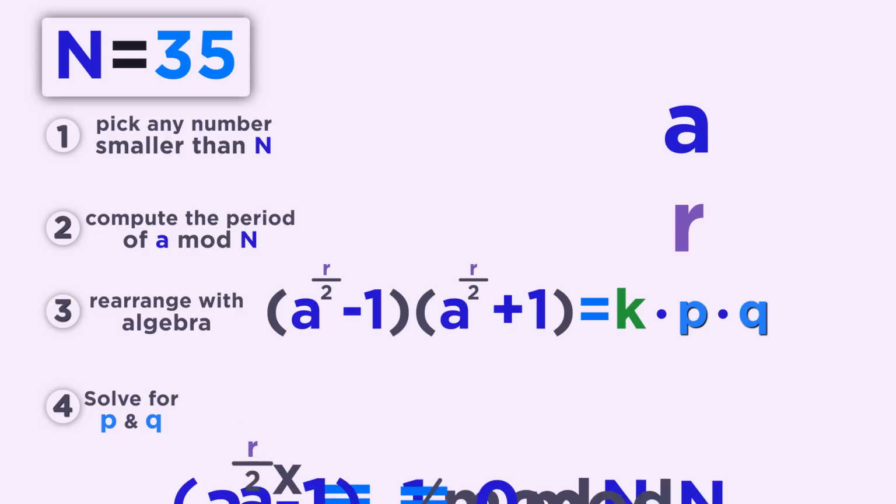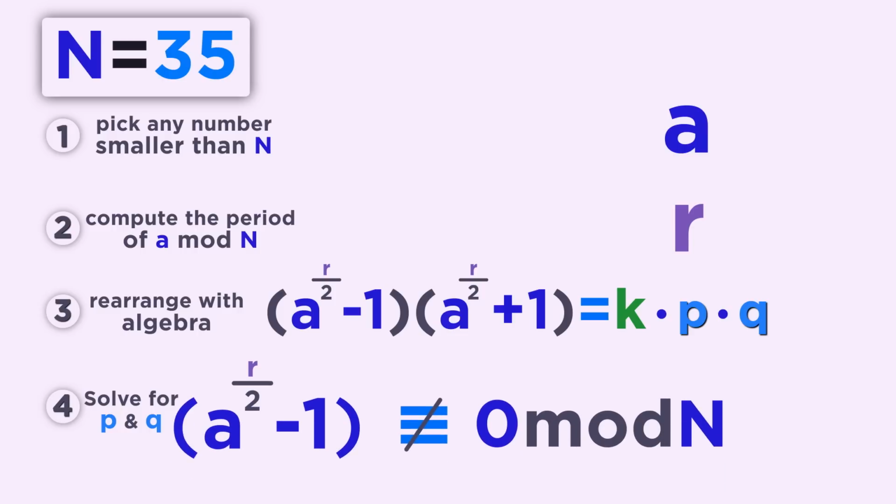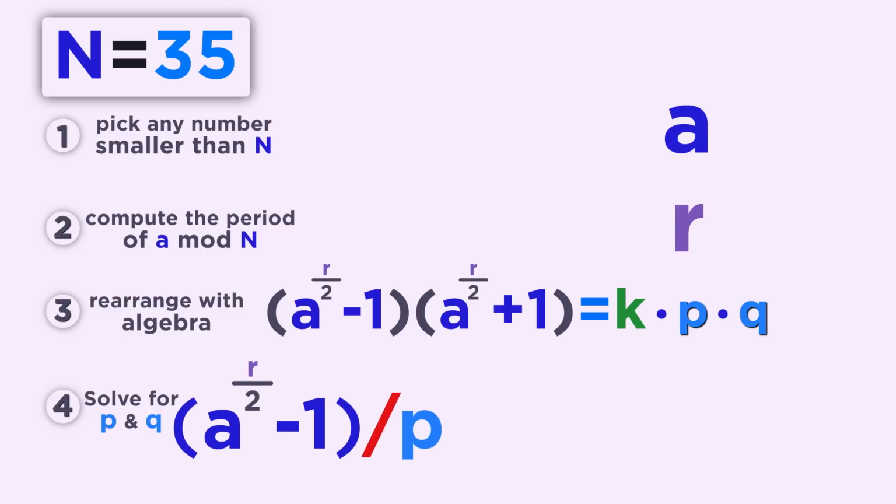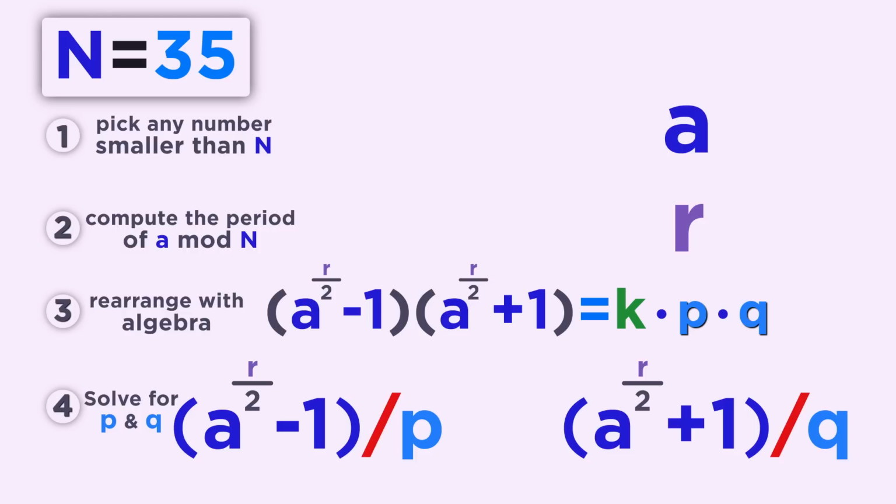So a to the r over 2 minus 1 is not congruent to 0 mod n. Since p and q divide separate factors on the left side of the equation, we can assume p divides a to the r over 2 minus 1 and q divides a to the r over 2 plus 1. So our formulas work. Again, that part contained some weird algebra arguments.